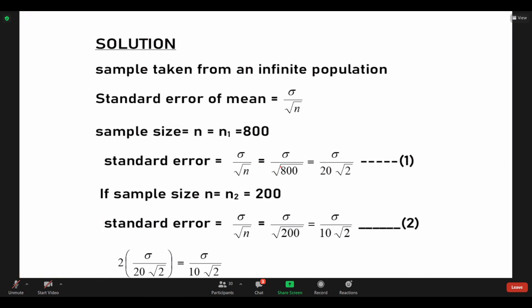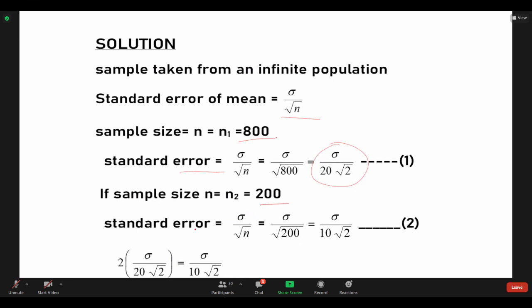Same thing, same model, only the values are different. The standard error of the mean is sigma by root n. The sample size initially is 800, so we substitute 800: sigma by root 800, that is sigma by 20 root 2. After that, the sample size is reduced to 200.